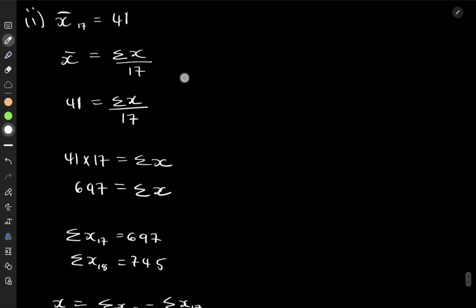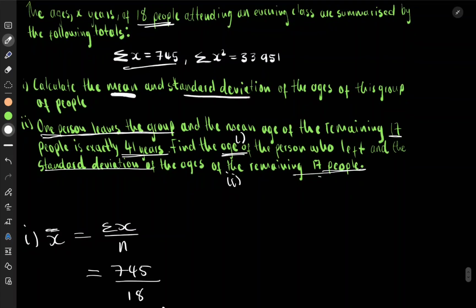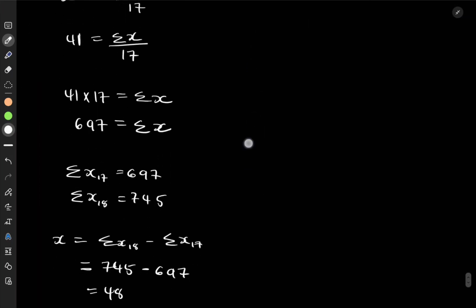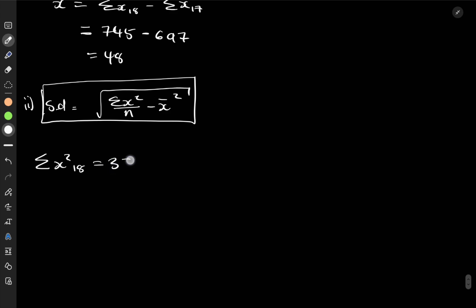And this was, let's go back to the original one. It was 33,951. Now, what is the sum of x squared of 17? How do I get the sum of x squared of 17? It is 33,951 minus this 18th person, minus 48 squared.